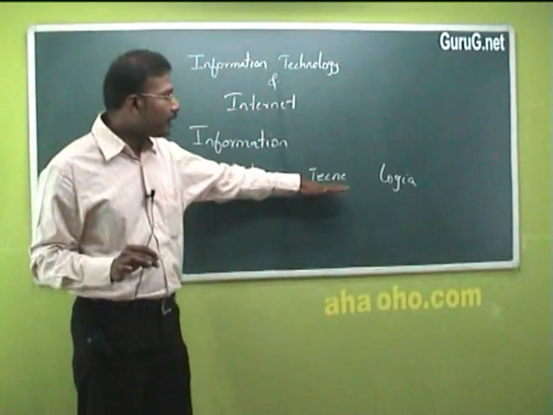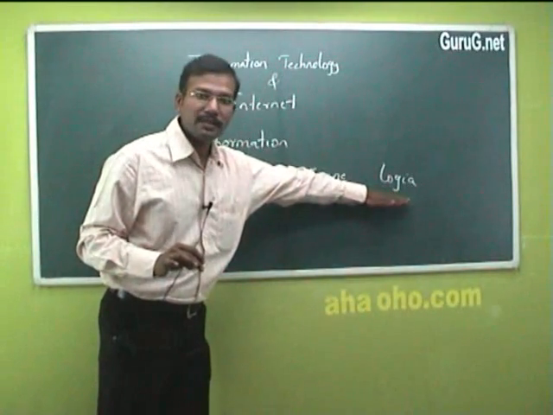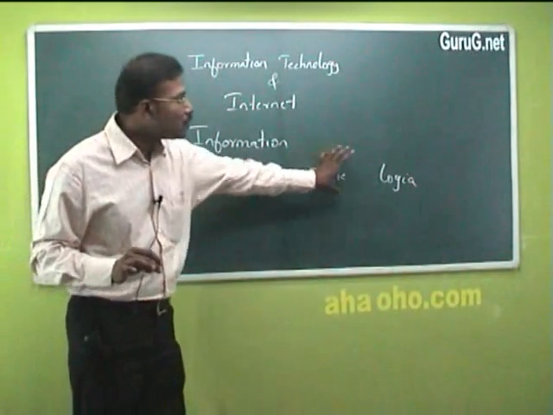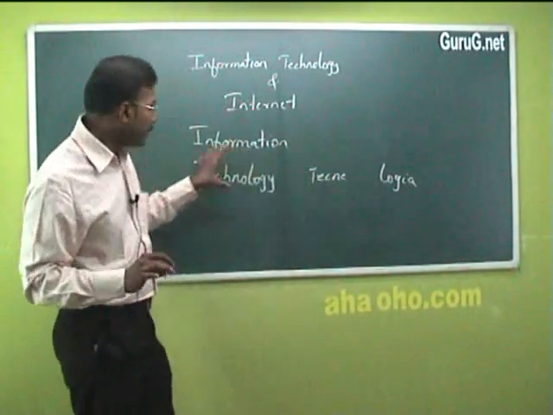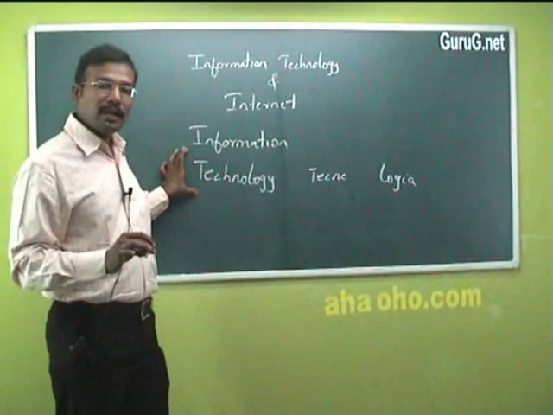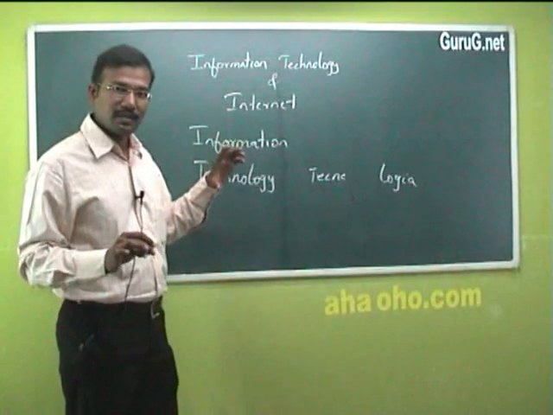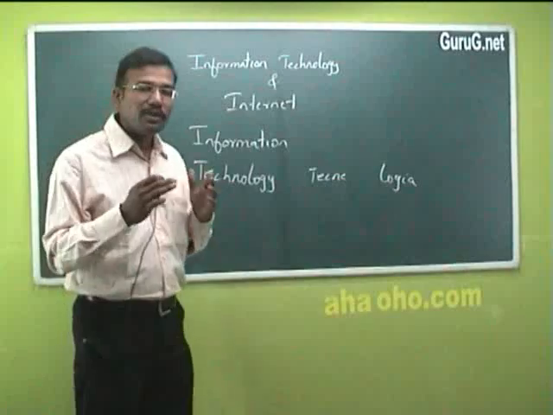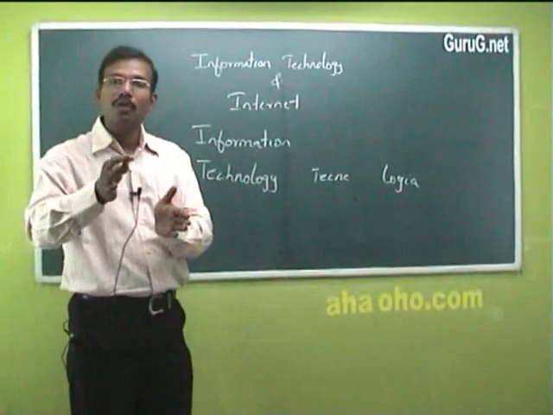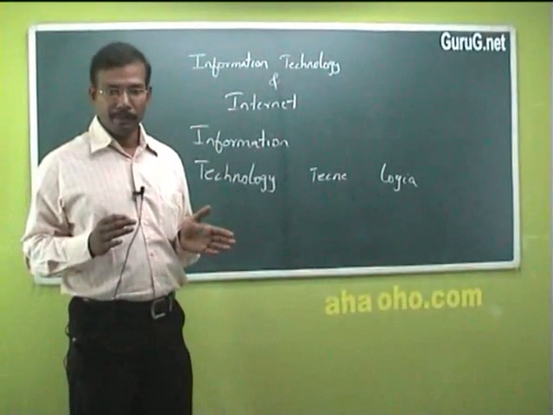In Greek, techni means skill, and logia means study of science. These two are combined and form the word technology. The main purpose of technology is to generate a new system to solve current problems or to solve the requirements of the people.